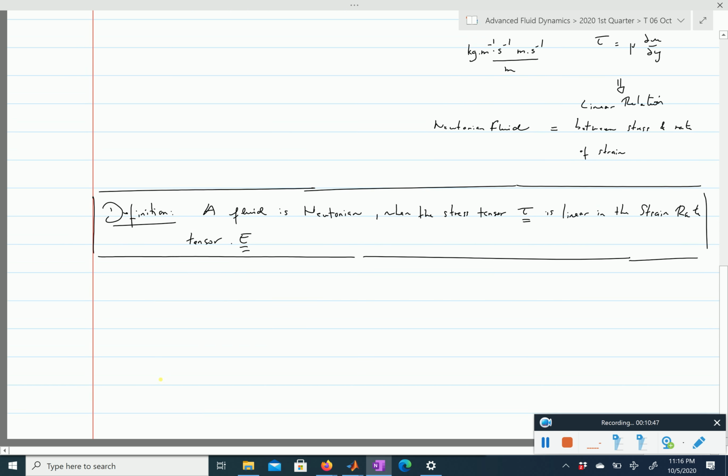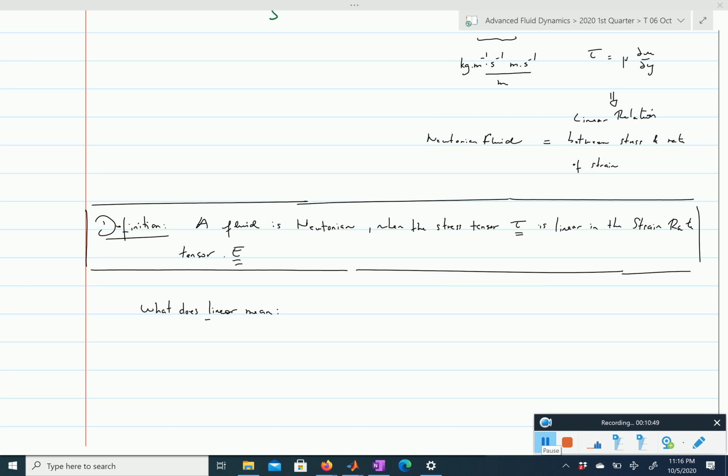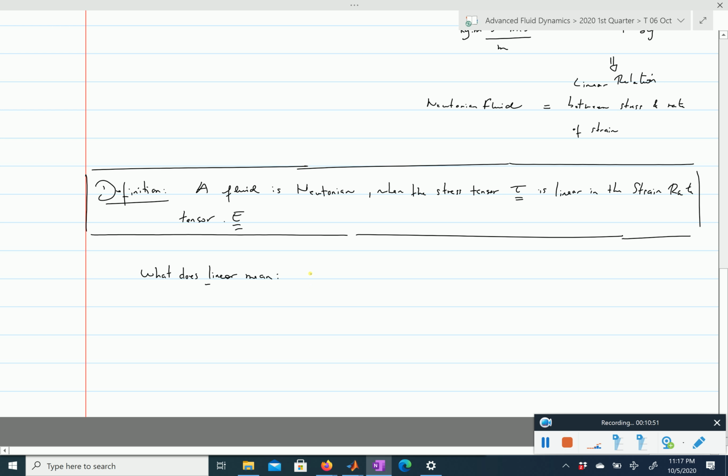So what does it mean that we have such a linear relationship? Well, think about one single component of the stress tensor, for instance, the normal stress in the x direction, tau xx.